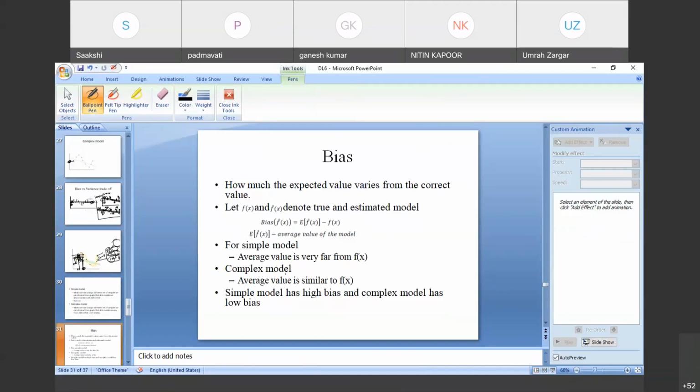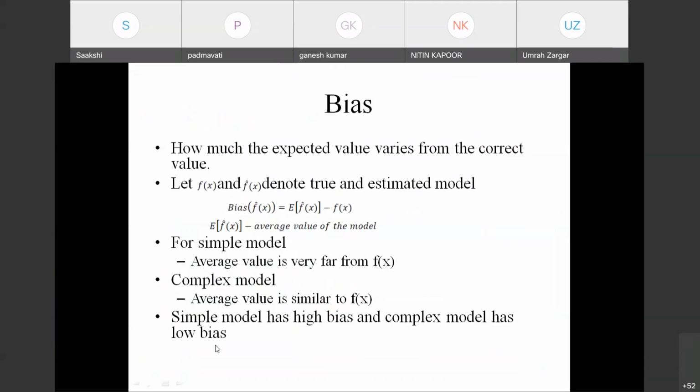Whereas for a complex model, the average value is similar to f of x. Hence, you may have heard many authors or researchers working in deep learning say that a simple model has high bias and a complex model has low bias. Why high bias and why low bias?